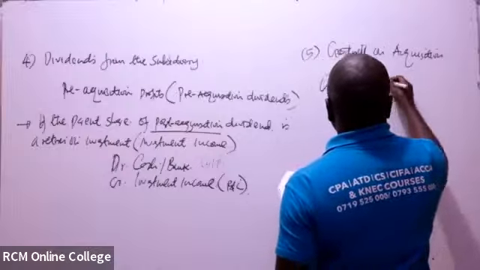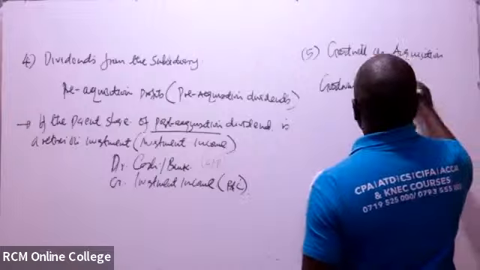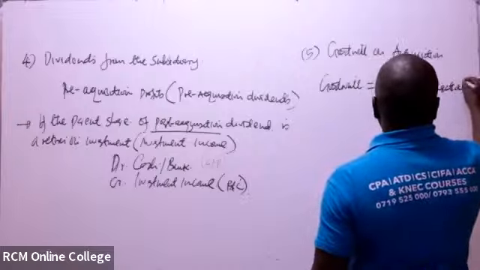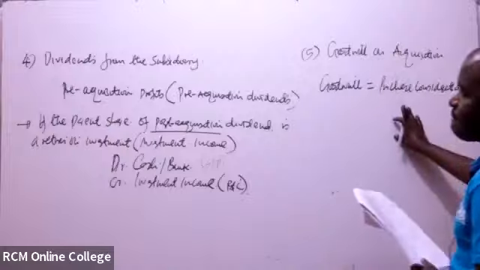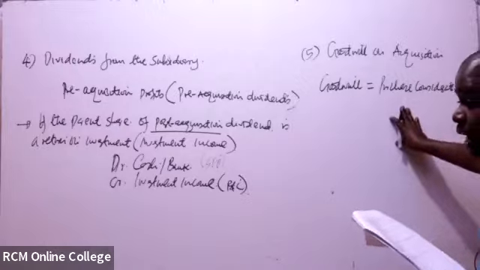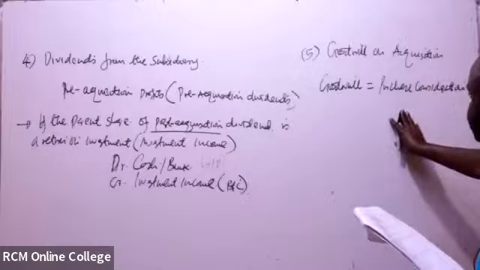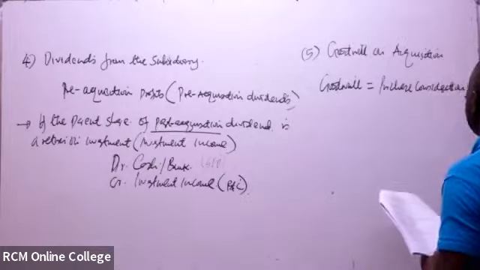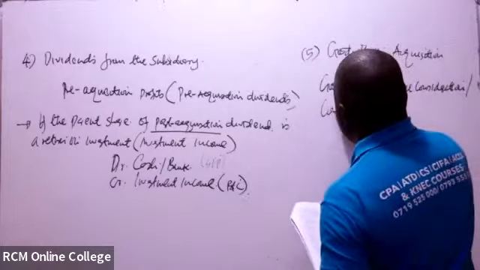is equal to the purchase consideration. And this one you remember from what we learned in conversion of partnership. So that is a general formula. The purchase consideration, or in this case, we can say the cost of investment.